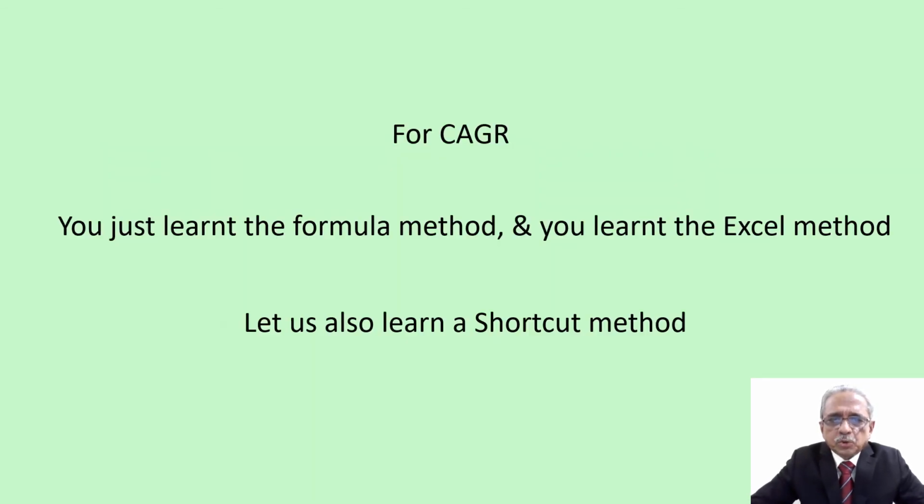So you have learned 2 methods, a formula method and an Excel method. Both seem a little complex, and if you want to learn a shortcut method, I have one for you, that as well.